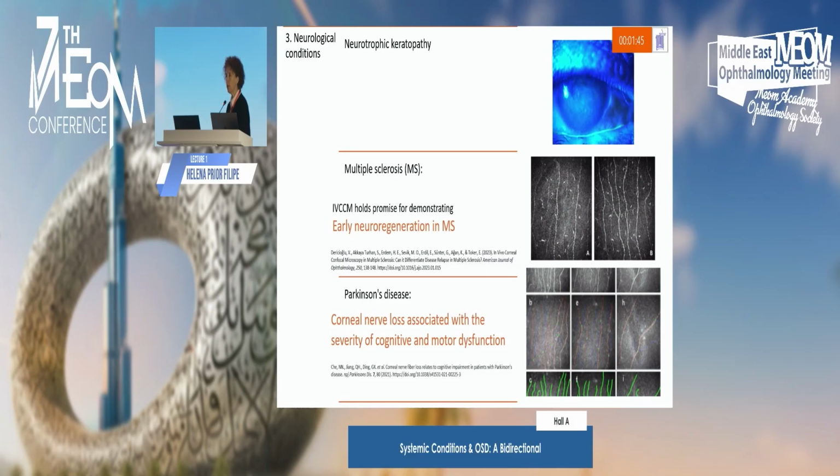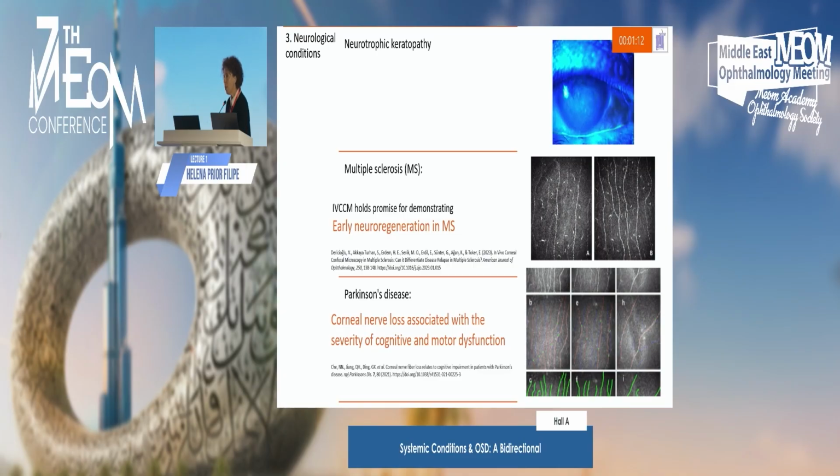And when we think about neurological conditions, a word of remark also for multiple sclerosis, which can very early manifest with alterations in the plexus layer that can be easily demonstrated by the ophthalmologist in these images, as we can see with confocal microscopy.